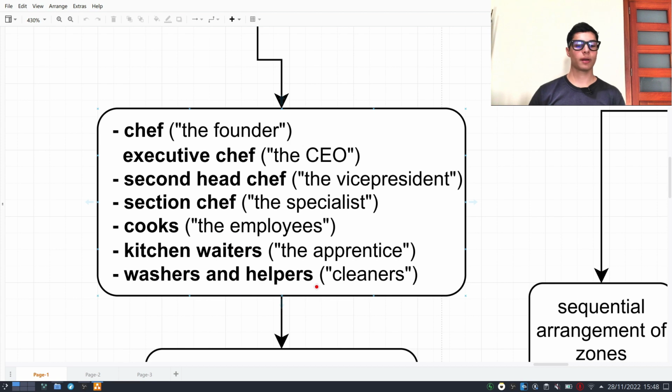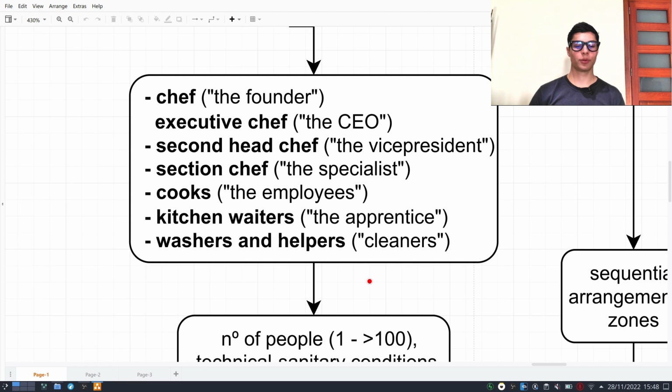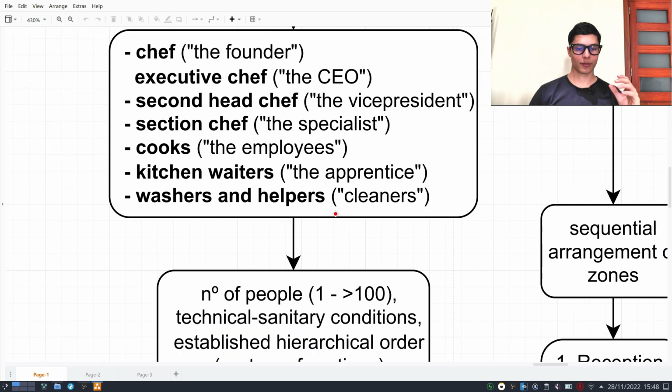And then the washers and helpers are those that, after all is done, clean up the kitchen. Like the cleaners of an office, when everyone has done their work, at the end of the day, they come and clean all the area. This is a very important job to make sure that the legislation about sanitary control is followed.